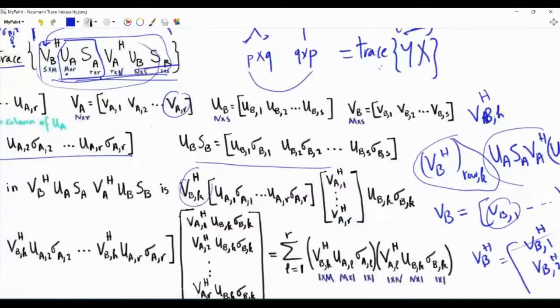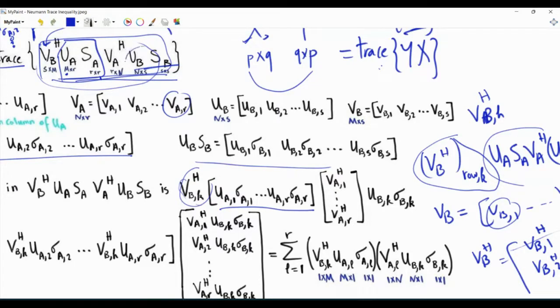And then we have UASA, which is this matrix, and then VA Hermitian, so that's matrix VA, and then you take its Hermitian. So you transpose the columns, convert them into rows, and then take the complex conjugate. So the rows of VA Hermitian are the columns of VA after transposition and complex conjugation.